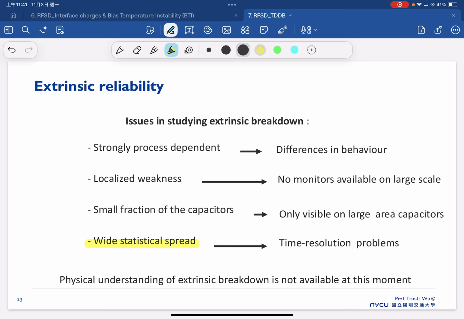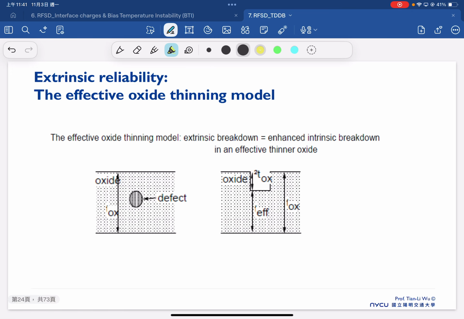And normally, physical understanding of extrinsic reliability is more problematic because it highly depends on certain process defects and uniformity of materials. So normally, to understand reliability, we focus on the intrinsic, because the intrinsic is something that is really due to the dielectric itself and really due to the physical mechanism. But still, some people try to propose several possible models to describe the extrinsic reliability.